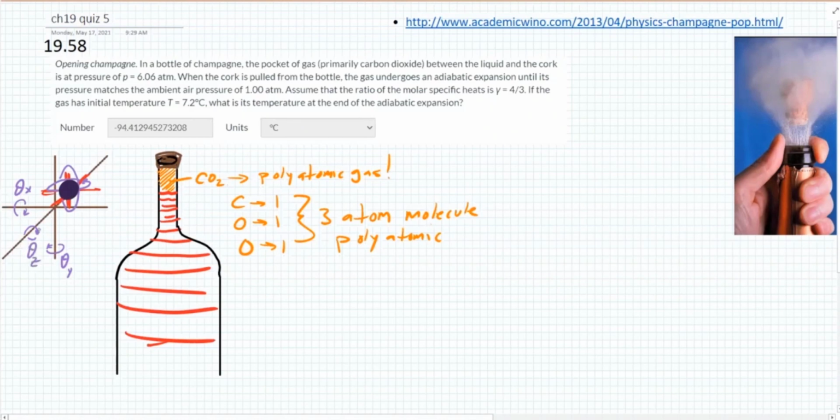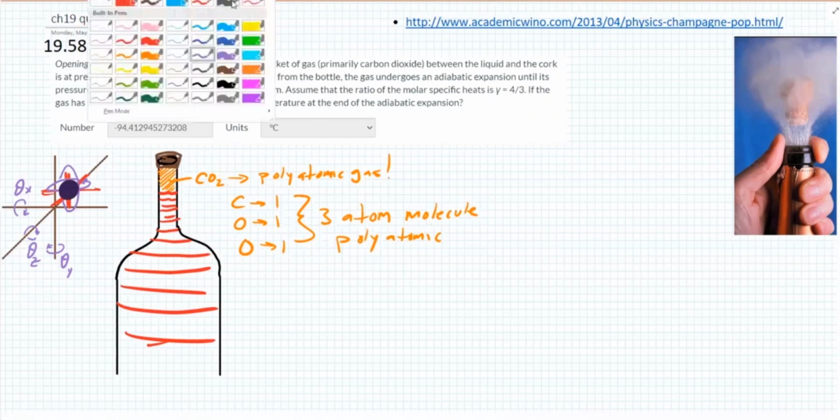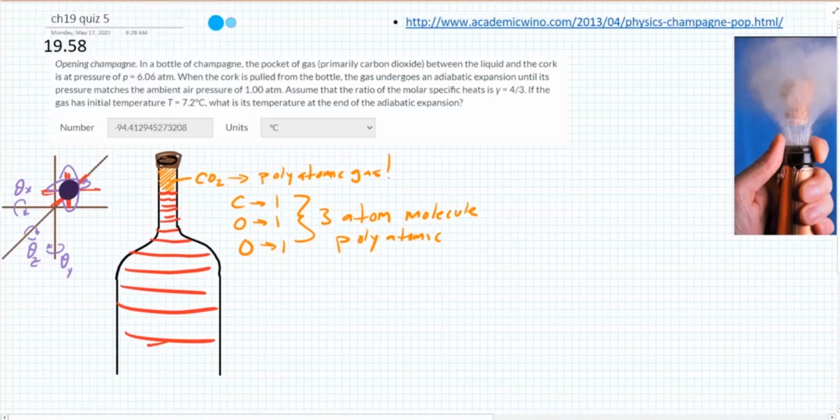I don't have three rotational degrees of freedom with a diatomic molecule, because here's a diatomic molecule, one oxygen, another oxygen.